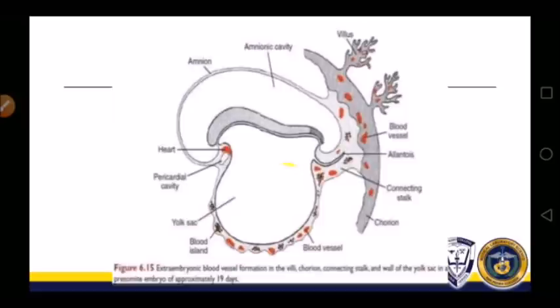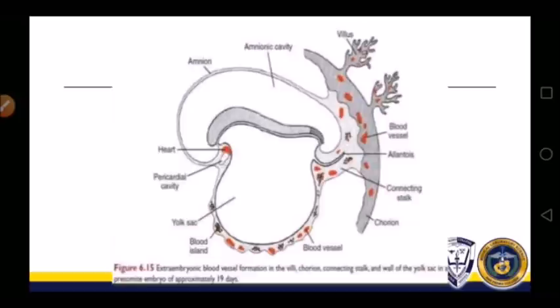Those primitive erythroblasts will not persist throughout life. Their existence is limited to the mesoblastic period. Aside from that, primitive erythroblasts are different from the erythrocytes we produce now because they have a different origin.